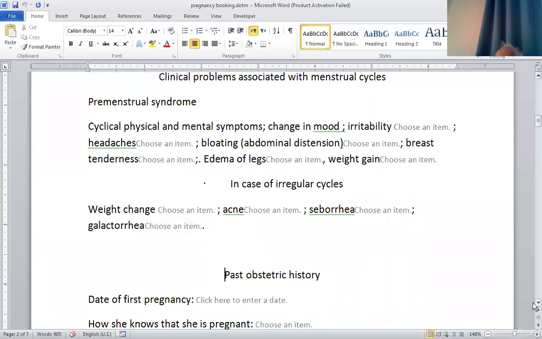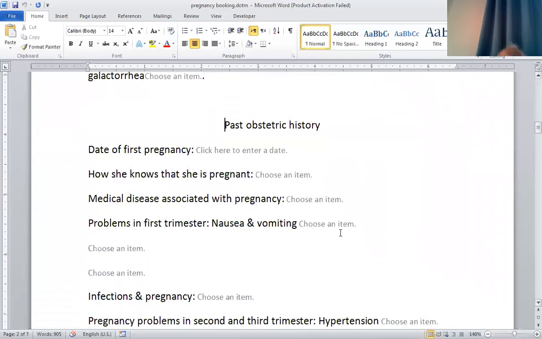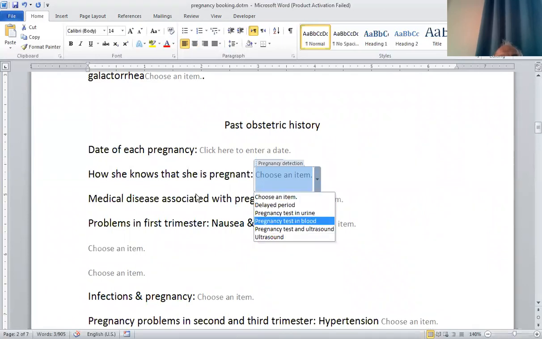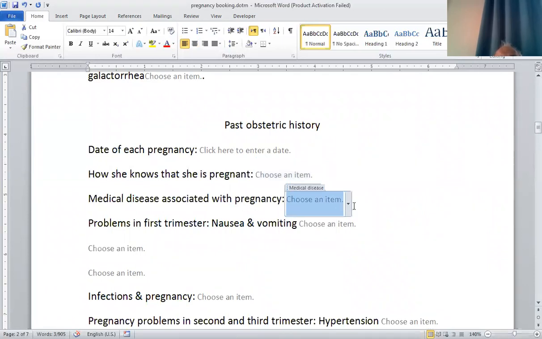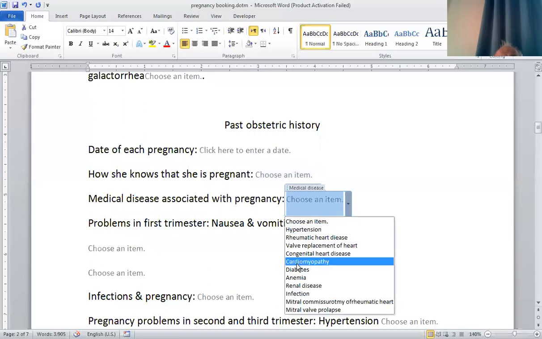And then for every woman who has had a previous pregnancy, we have to analyze each pregnancy. We have to analyze the date of each pregnancy, and how she knew that she was pregnant, by pregnancy test, ultrasound, or symptoms, and whether she had any medical problems with pregnancy.